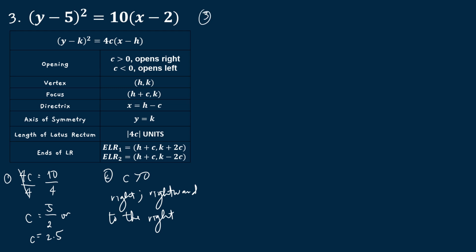Number 3 would be your vertex. So H and K still. So the vertex has coordinates of, this time, positive 2, comma, 5. The number 4 would be your focus. Solution-wise, it would be h plus c, so that's 2 plus 5 over 2, comma, 5.